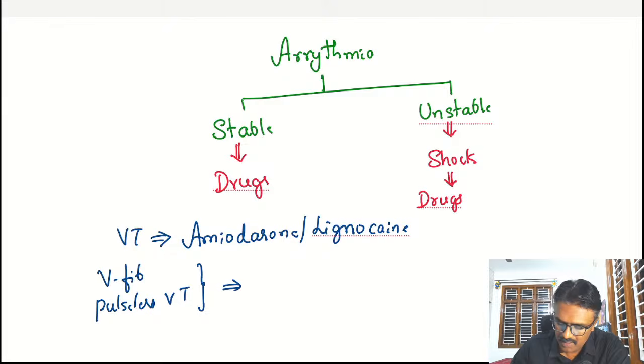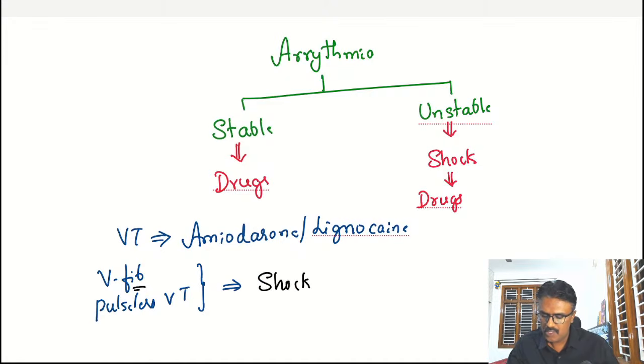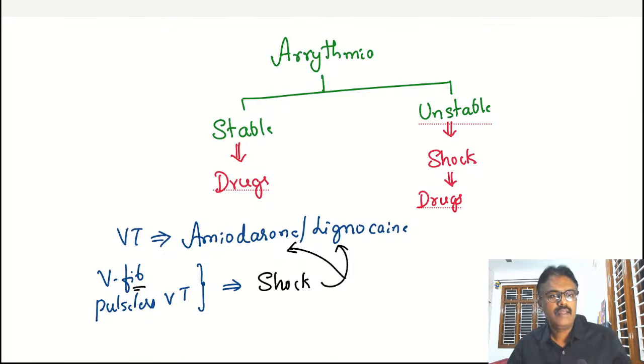See, if there is VFib, ventricular fibrillation, or pulseless VT, no pulse means the patient is unstable. So that's why we give shock, DC shock. If not responding, then we go for drugs. So this is how the question keeps on changing unless you understand the concept thoroughly. They can't bring questions out of this world.